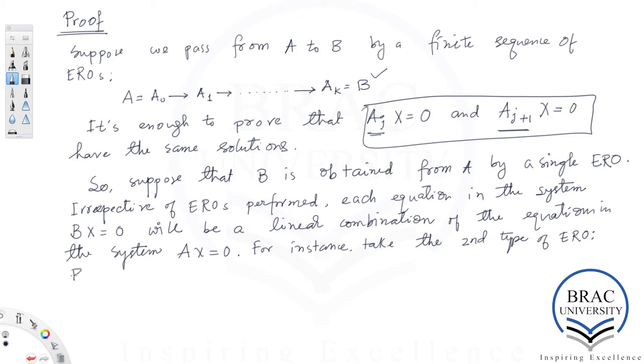So B is obtained from A by a single elementary row operation of type 2.